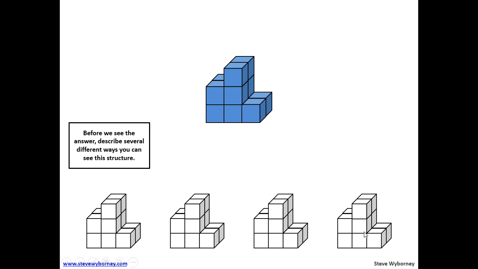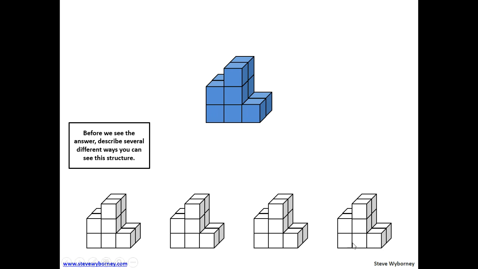Some of you may have seen the 4 stand out right here, and we know there are 4 behind that as well, so 4 plus 4 is 8. Then you may have seen 2 and 2, so 8 plus 2 is 10, and 2 more is 12. Or maybe you saw it in rows.